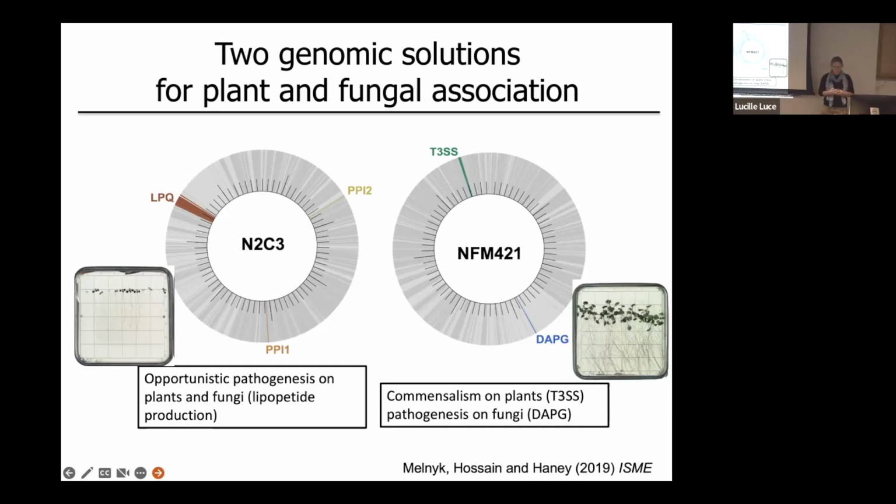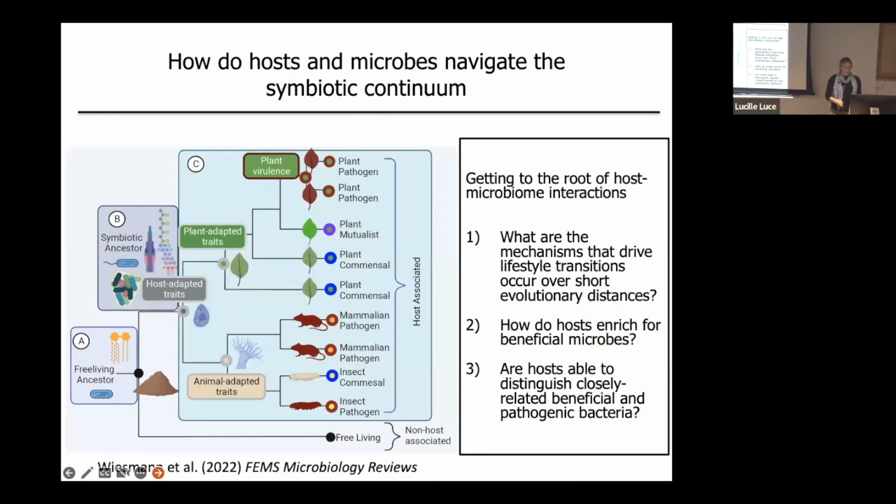And so it seems that Pseudomonas fluorescens has two lifestyles that are transitioning over very short evolutionary distances. Even within very closely related plant-associated strains, you can get these transitions with just gain and loss of a single island.